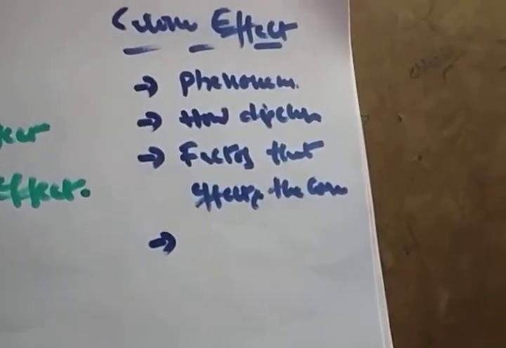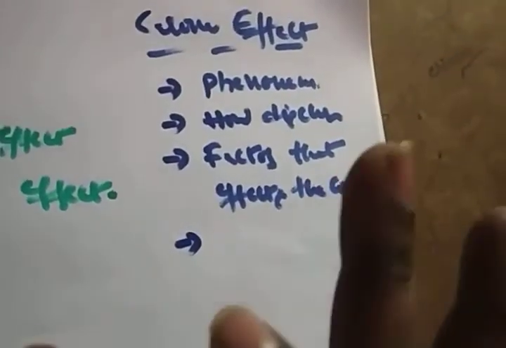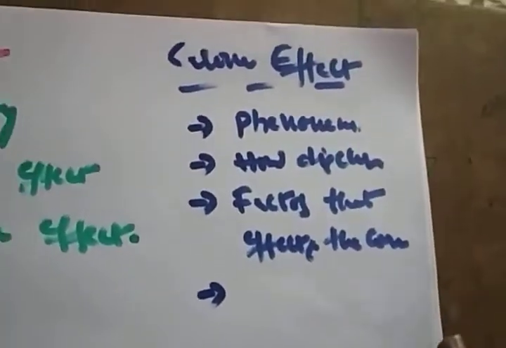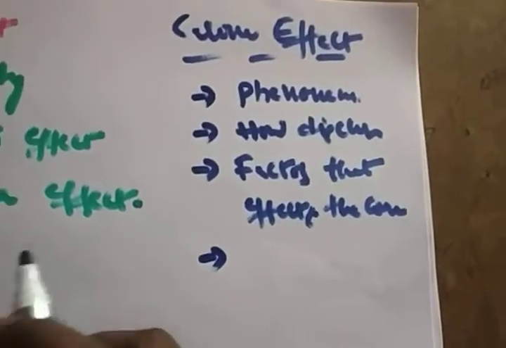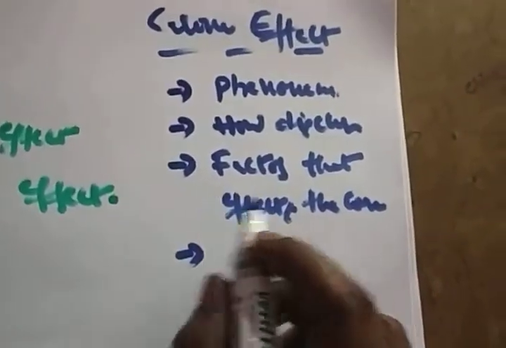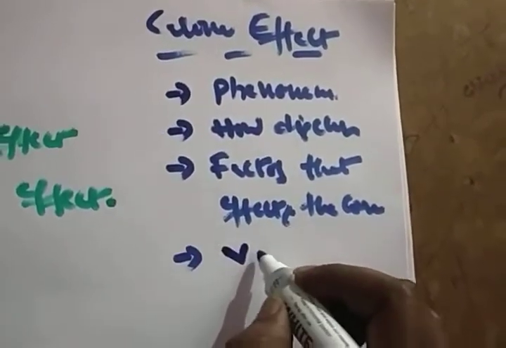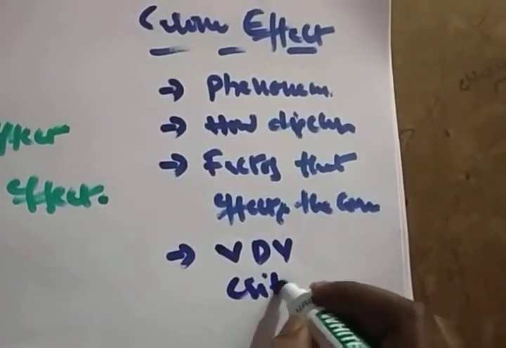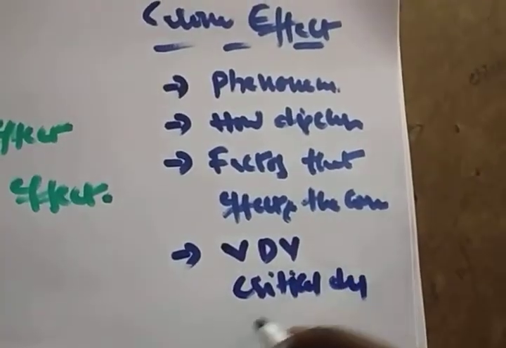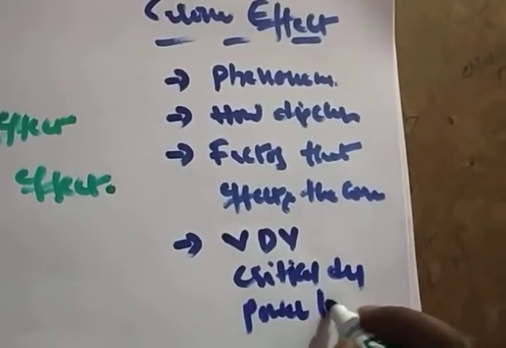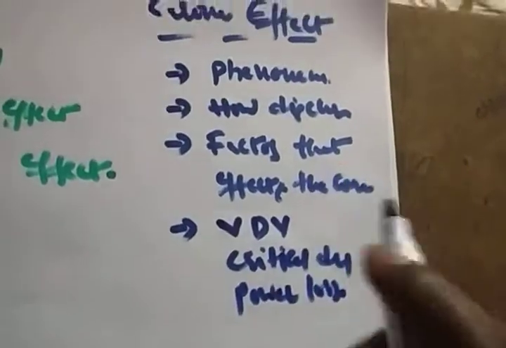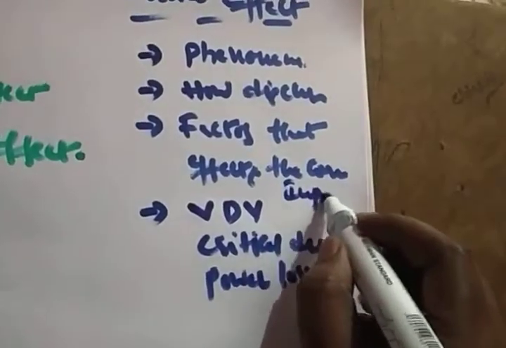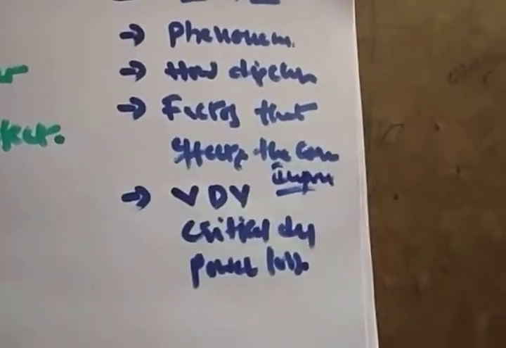For this we need to know some important terms for the design of a transmission system: critical disruptive voltage, visual disruptive voltage, and power loss. These are the important terms we need to discuss while discussing corona.